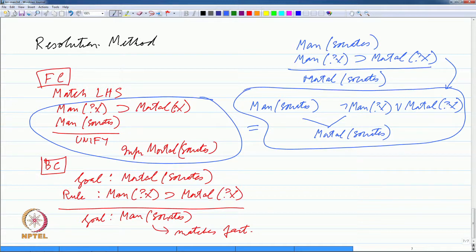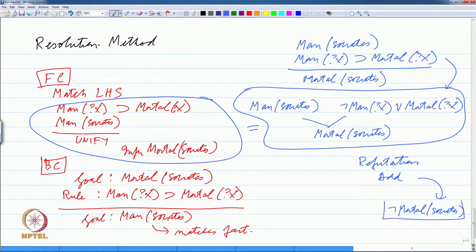So, I have not done refutation here, I have just shown that you can derive mortal Socrates, but in refutation you add this, the negation of the goal, you add this to the set of clauses that you already have, so let me just take the rule part here, not man x or mortal x.